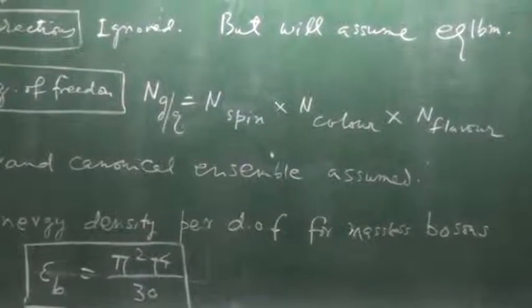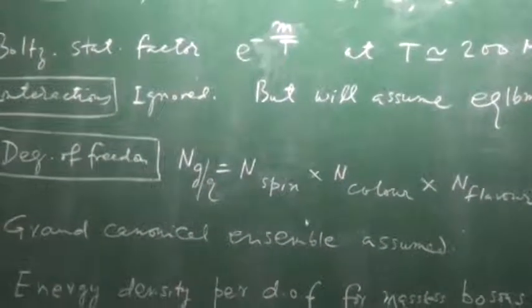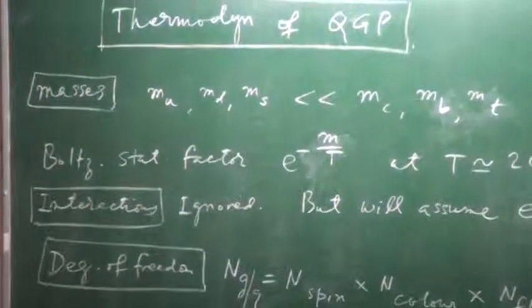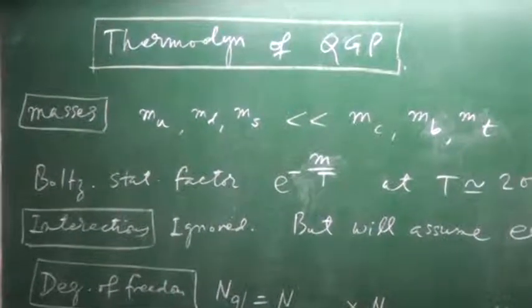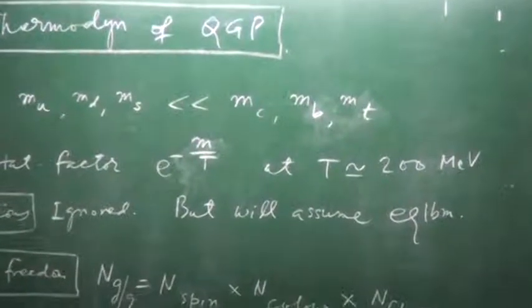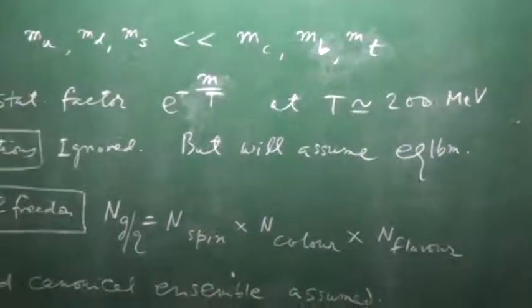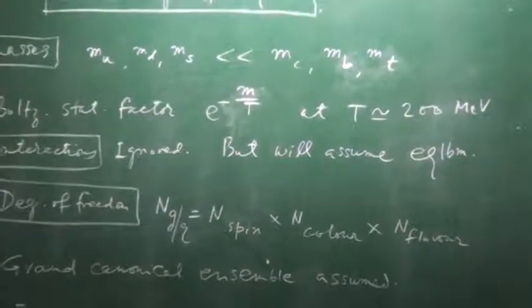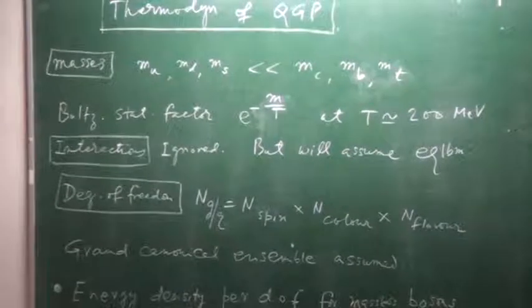There is an exercise for the tutorial so that mu q is minus mu q bar. Quark and antiquark chemical potentials are equal and opposite. That is the tutorial problem. So we'll assume that in the rest of the talk.